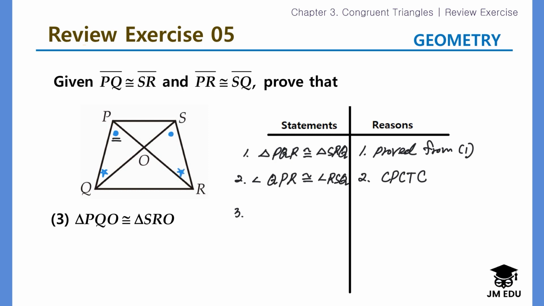So I'm going to write triangle PSQ is congruent to triangle SPR. So PSQ, this triangle and this triangle, right? So by CPCTC, these two angles are congruent. So number 3 was proved from number 2.